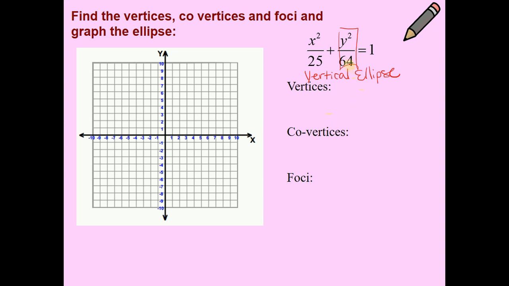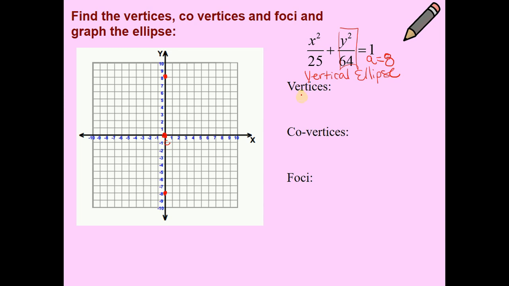So my a value, since it's the bigger one, my a value has to be 8 because it's the square root of 64. So since my center is at 0, 0, my vertices have to be 8 away. And since this is a vertical ellipse, since this is with y squared, I'm going to go up and down 8. So 8 there, negative 8 there.